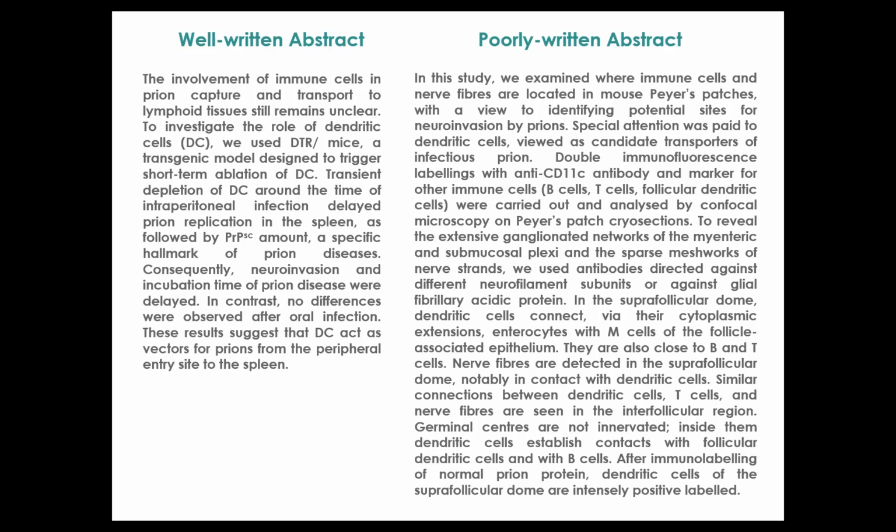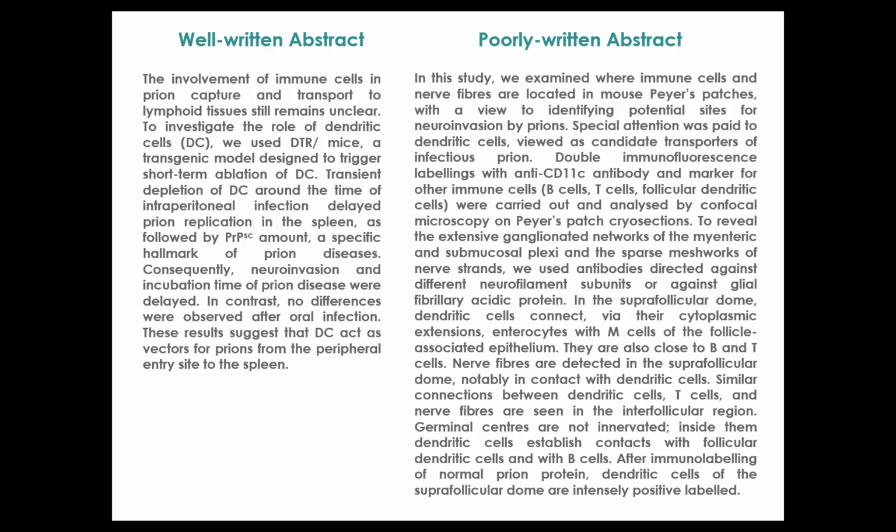Then they go through a lot of technical details: double immunofluorescence labeling with anti-CD11c antibody, and markers for other immune cells were carried out and analyzed by confocal microscopy on Peyer's patch cryosections. And then they use even more technical details. Finally, they get to the results, where they say in the suprafollicular dome, dendritic cells connect via their cytoplasmic extensions enterocytes with M cells of the follicle-associated epithelium.